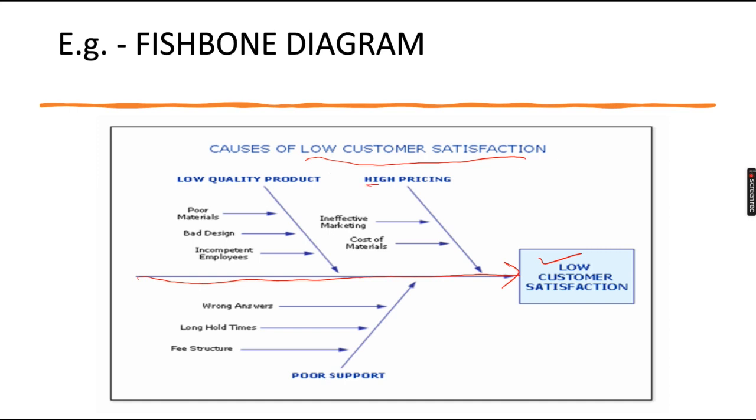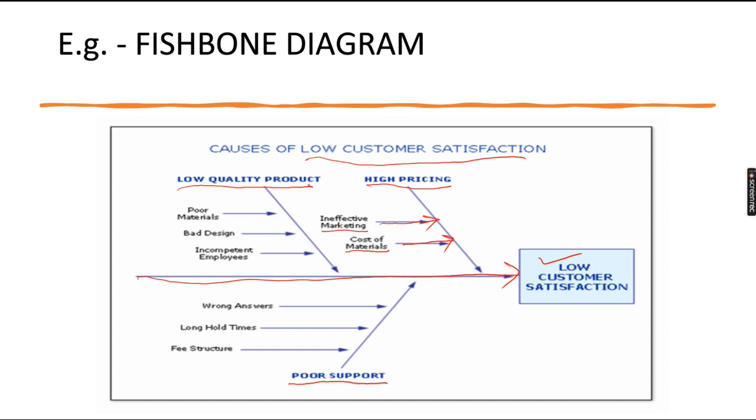High pricing is the first cause identified, then low quality product and poor support. Now for high pricing, what are the primary causes and what are the secondary causes? The secondary causes may be that the cost of material is high and ineffective marketing is done, because of which the cost has increased. So both are contributing to this high pricing cause.